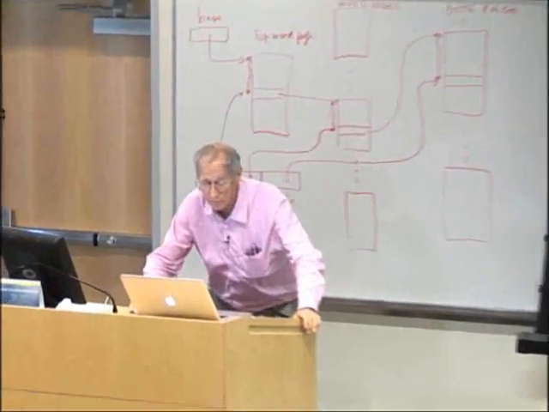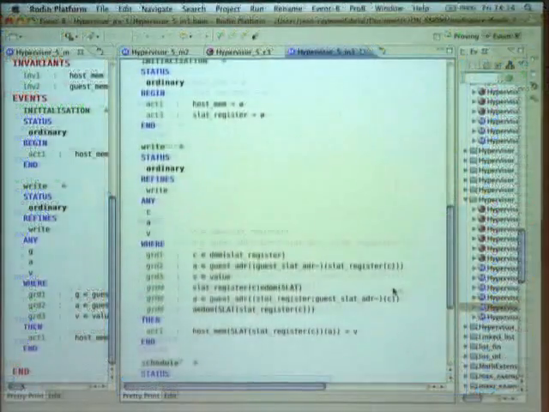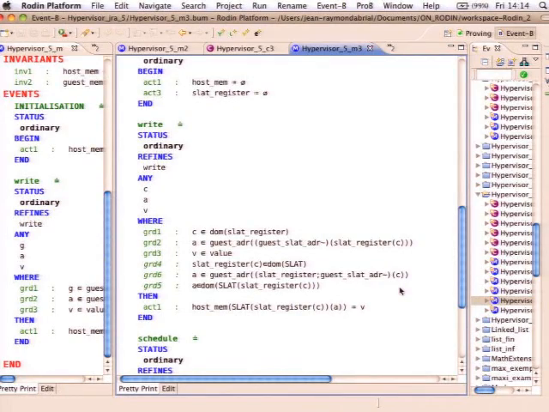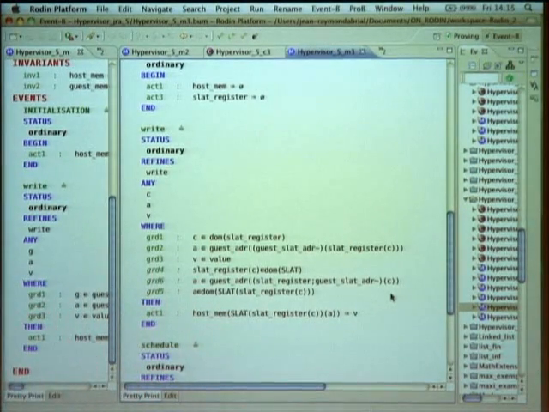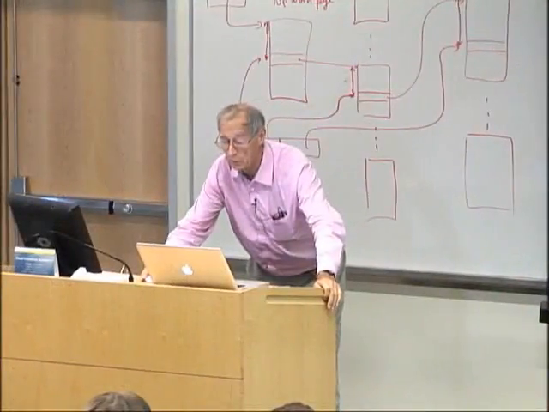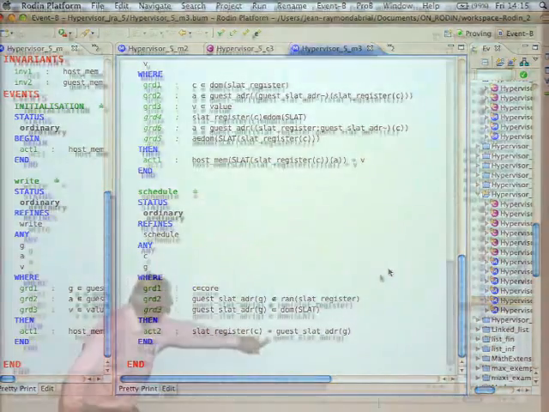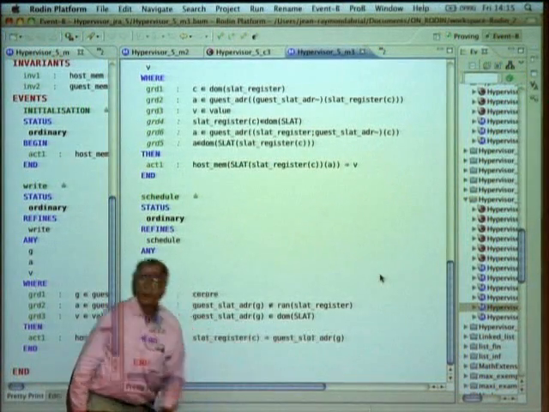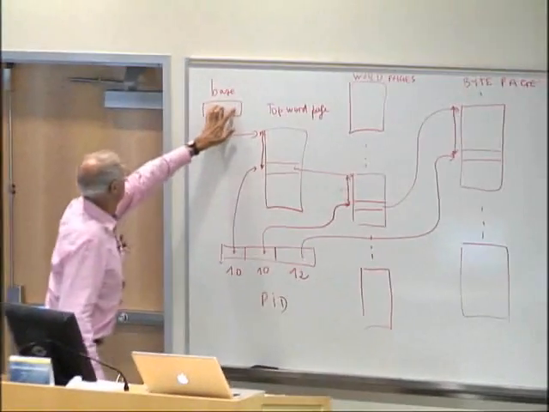And that gives us a little more complication for these things. Host mem, still host mem, of course, slat register of C. And now we introduce for the first time the scheduling. And precisely in the scheduling, this is what I told you, the slat register becomes the guest slat address of G. So guest slat address of G is the address that is here.